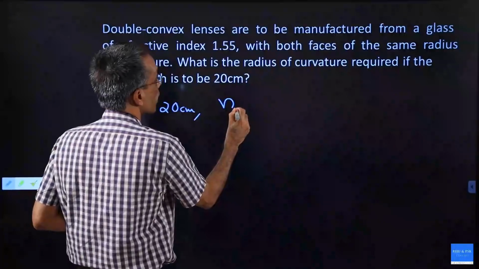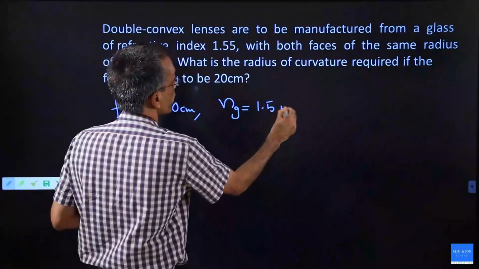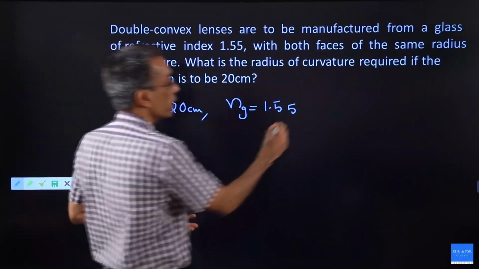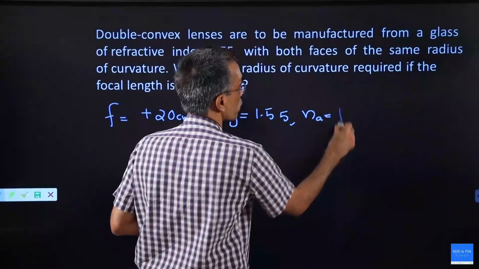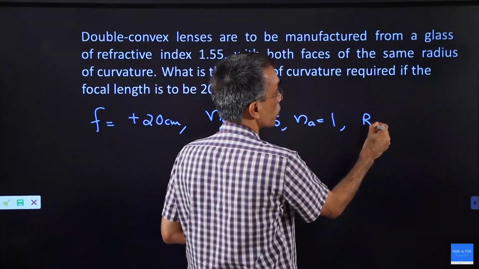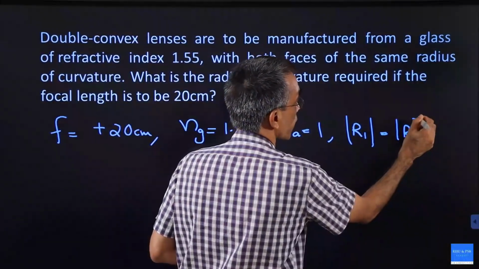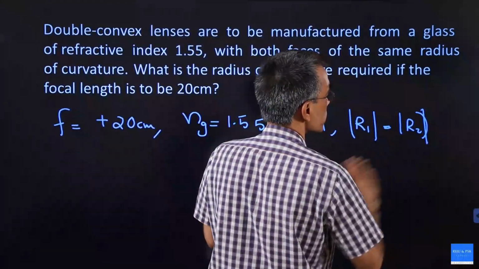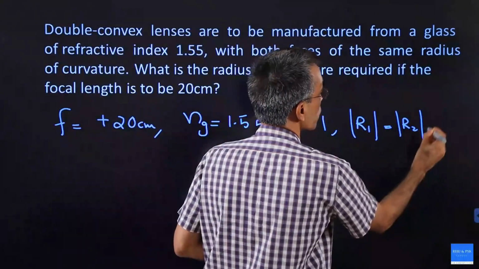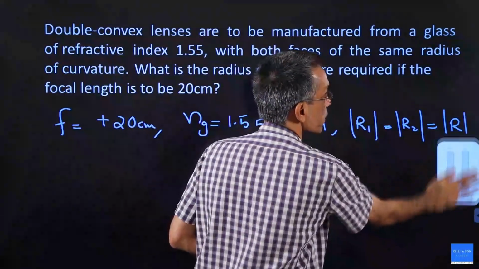Refractive index of the material, this is glass, that is given as 1.55, and this lens must be operated normally in air. So the refractive index of air should be equal to 1. Then radius of curvature is same, that means magnitude of R1 and magnitude of R2 are equal, magnitude of both the radii R1 and R2 must be equal, and we will take it to be R. Okay.